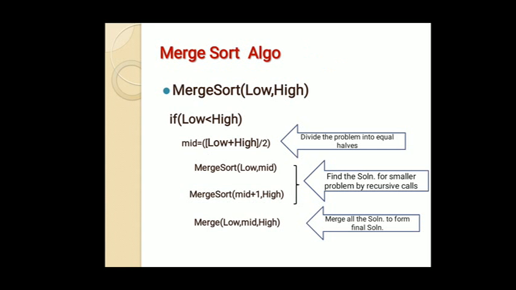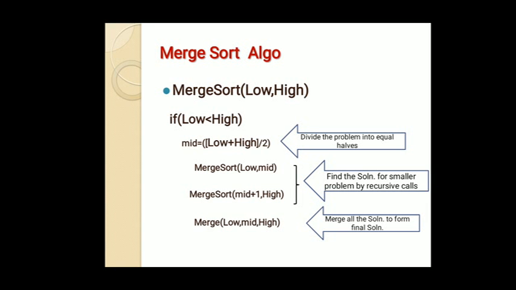Low to mid will be the first half of your given array, and mid plus 1 to high would be the second half of the divided array. We'll look into the pictorial representation in the next slide, but for the time being, look into the algorithm.